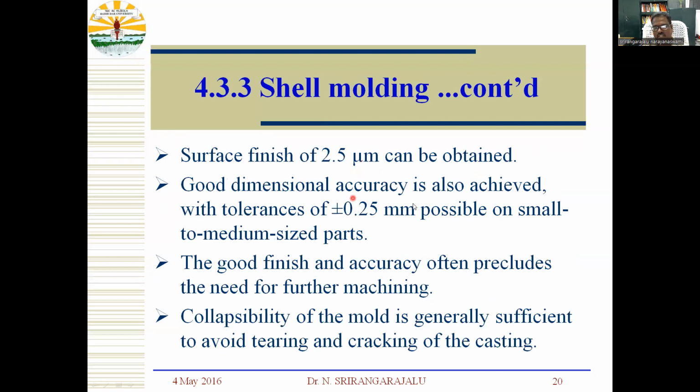Good dimensional accuracy is achieved, with tolerances of plus or minus 0.25 mm possible on small to medium sized parts. The good finish and accuracy often preclude the need for further machining. Collapsibility of the mold is generally sufficient to avoid tearing and cracking of the casting.